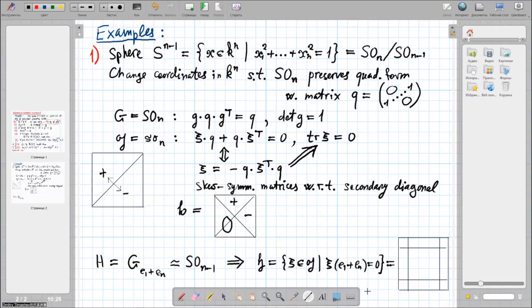Like this. So the matrix should be skew symmetric with respect to the secondary diagonal.